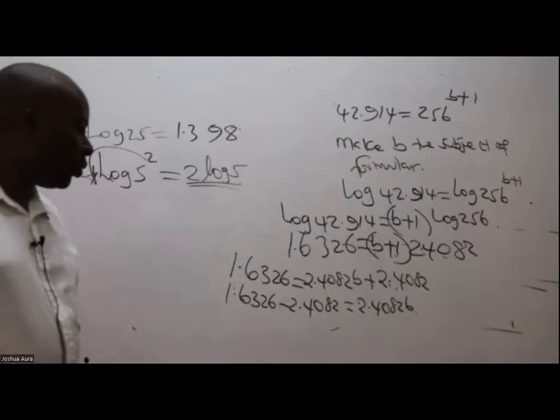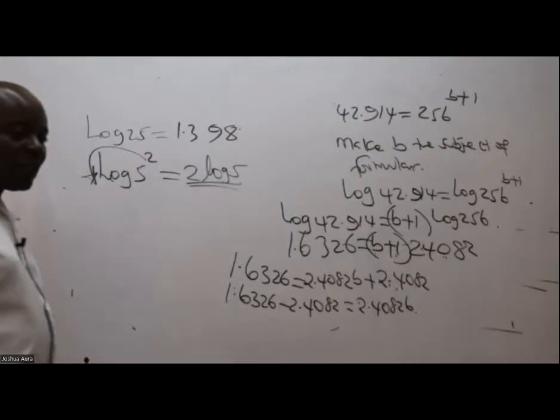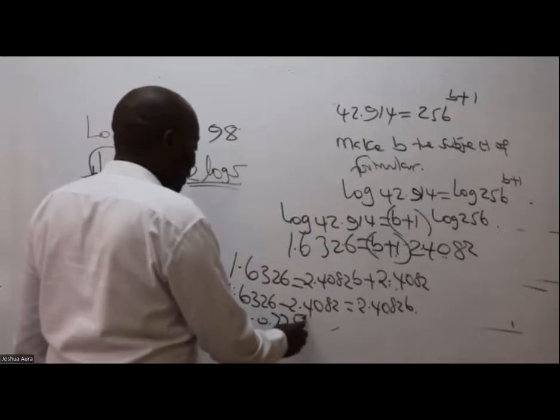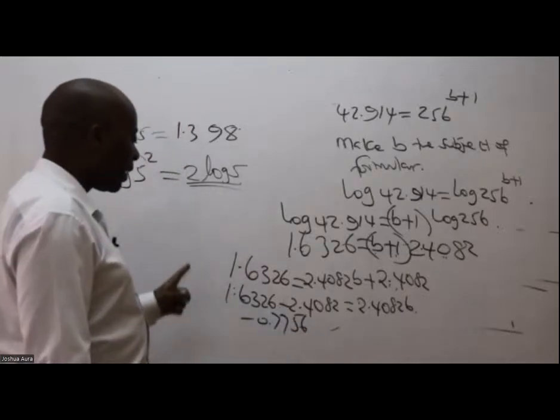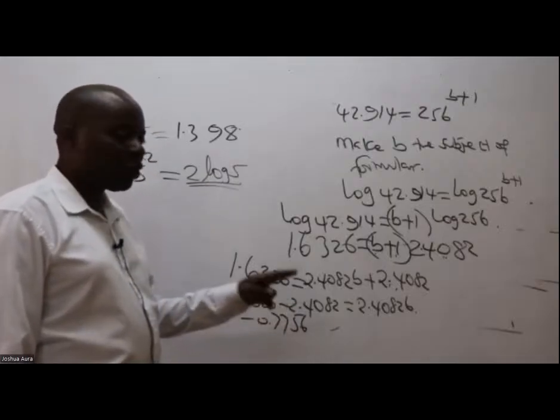Seemingly, 0.7756 is common. Minus 0.7756, I think, is common. Helen, take there 1.6326 minus 2.4082.